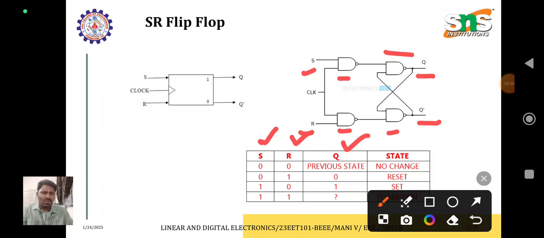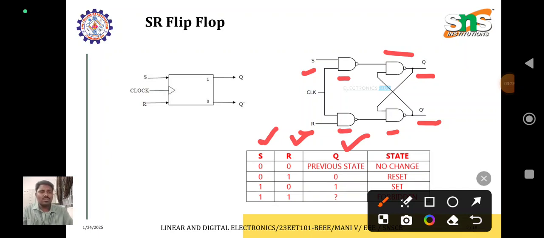If S is 0 and R is 1, the present output is 0, whether the previous output was 0 or 1. If S is 1 and R is 0, the present output is 1.